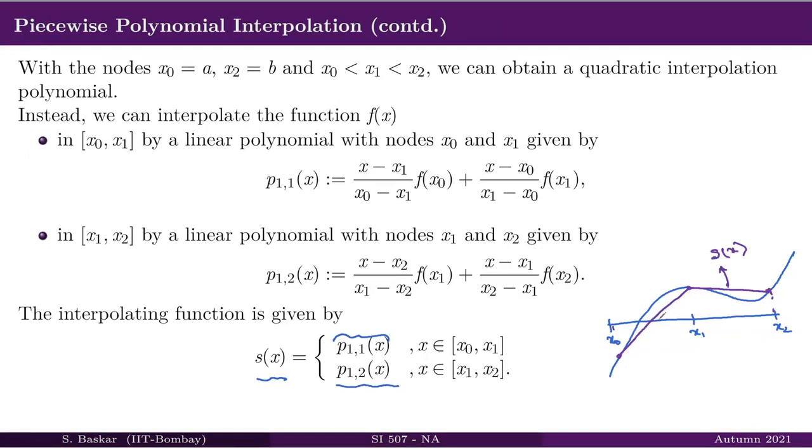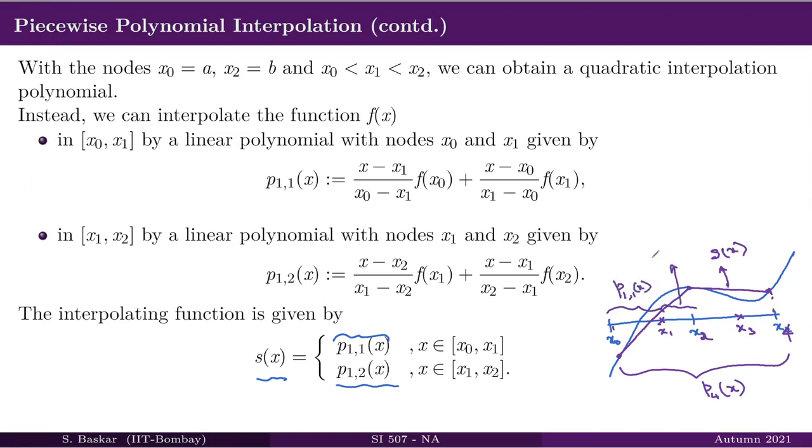Similarly, suppose we give points x0, x1, then this is x2, this is x3 and x4. What you can do is either you can form a 4th degree polynomial interpolating the function f of x, or you can stick with each subinterval and get p1 1 of x.